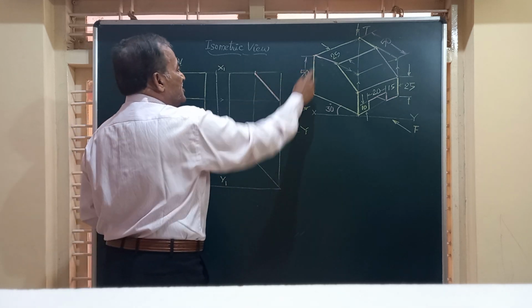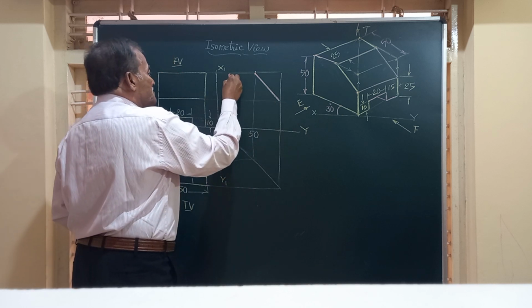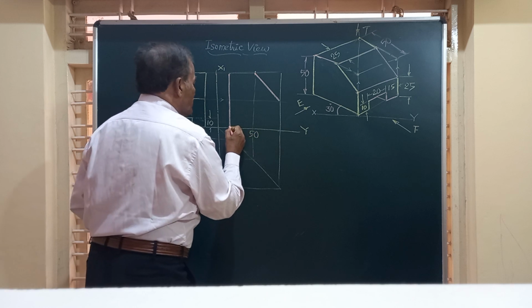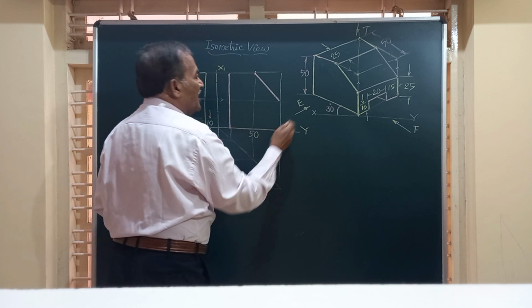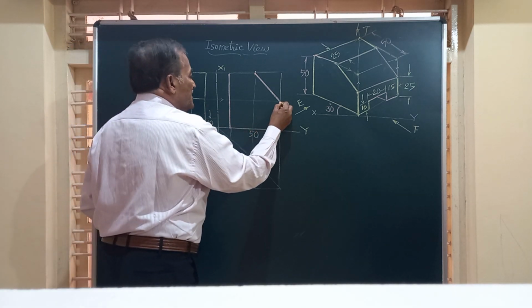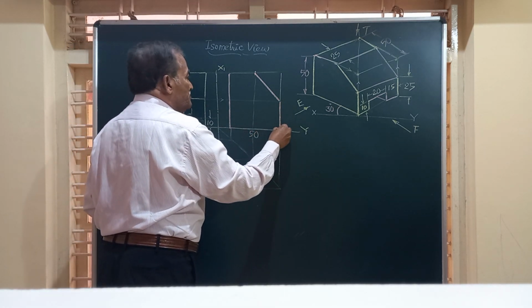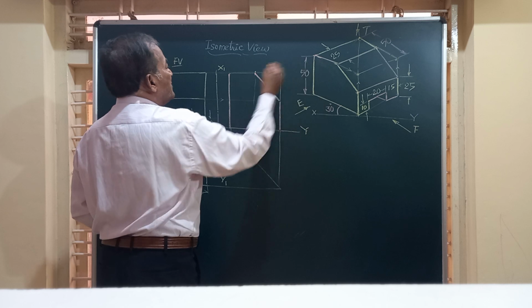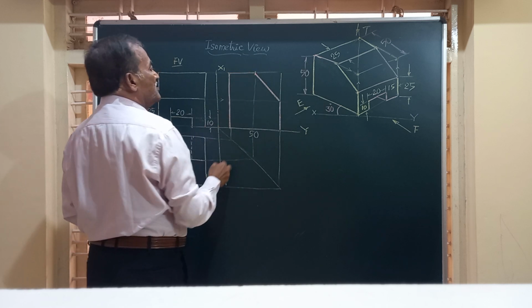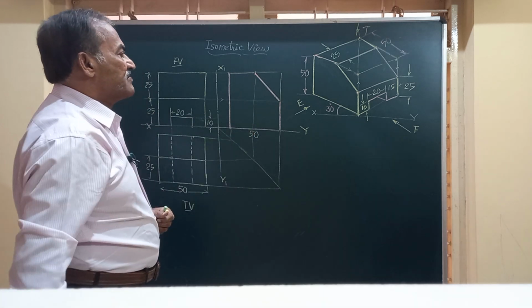And then friends, this vertical line is this. The base is this one. And this vertical height, which has a height of 25, is this. And here, this is 25 millimeter width. So this is for the object, friends.